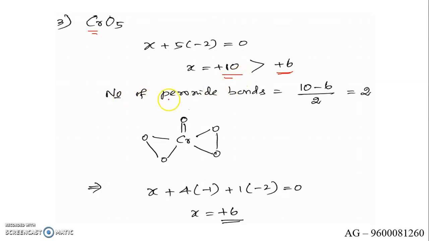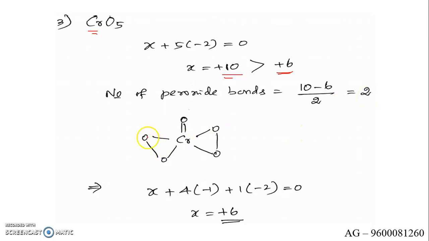So how to calculate the number of peroxide bonds? Here this molecule has only one central atom, chromium. Therefore, calculated 10, maximum is 6, so 10 minus 6 by 2, you will get the answer as 2. So this molecule consists of 2 peroxide bonds.